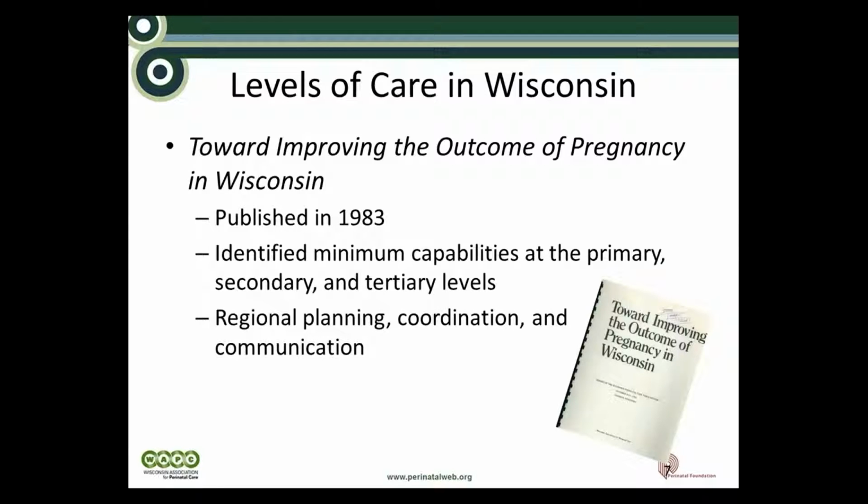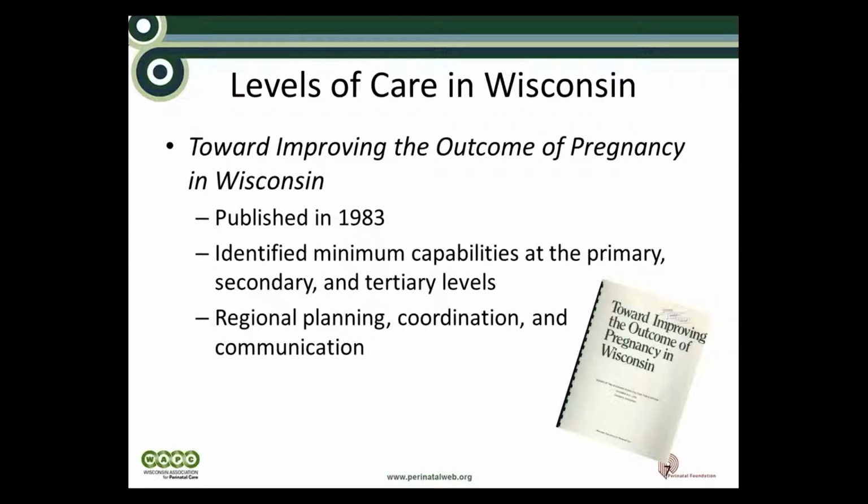A committee in each region was to implement planning, coordination, and communication, develop consumer and professional education, assure continuity of care in managing the continuum of perinatal services and hospital-based perinatal services in general, and also to develop methods for perinatal data collection.